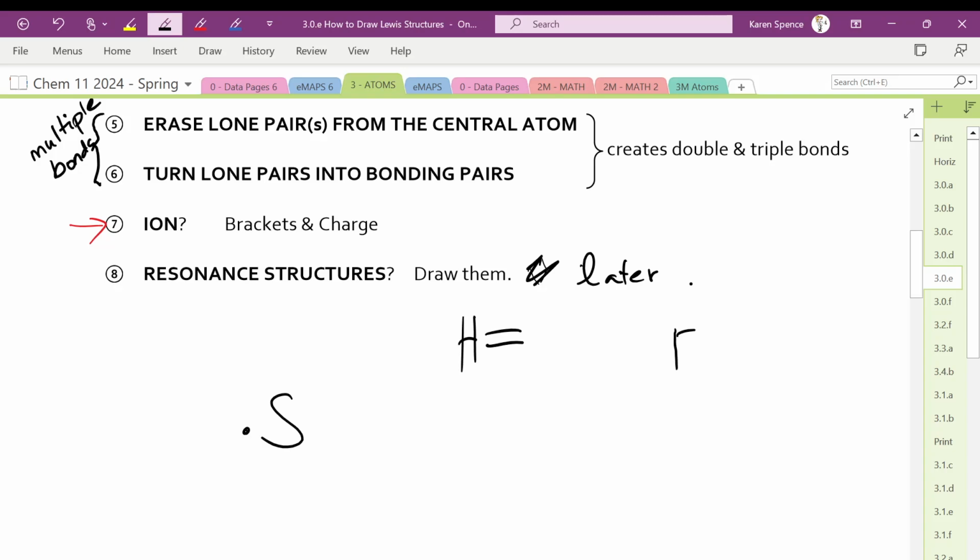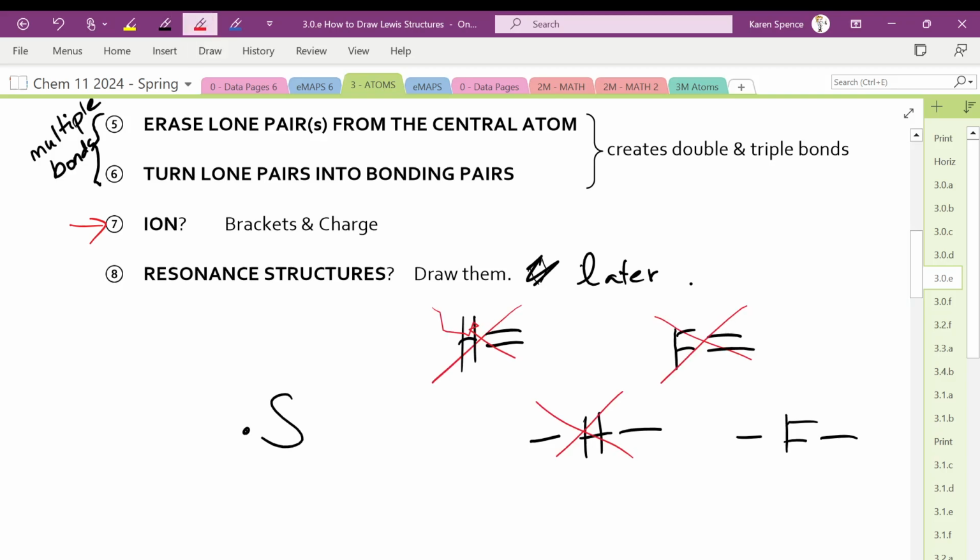You should never, ever have fluorine double bonded. You should never have hydrogen with 2 bonds like that, or fluorine with 2 bonds. Okay, none of those. No, no, no, no. No. Okay?